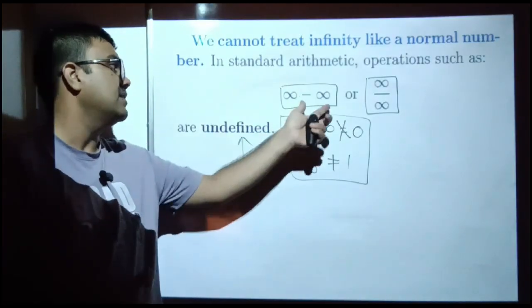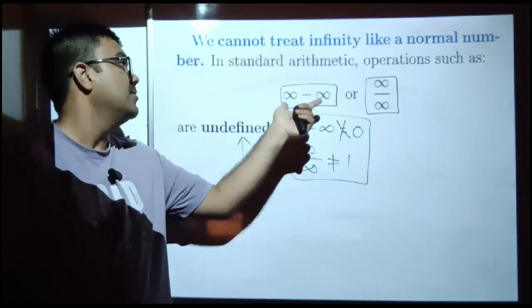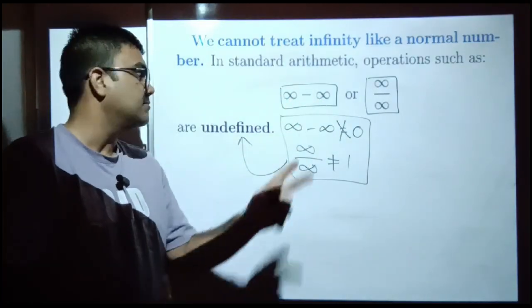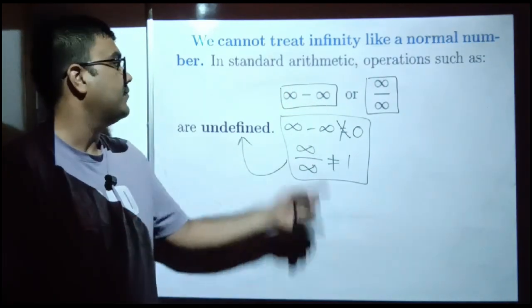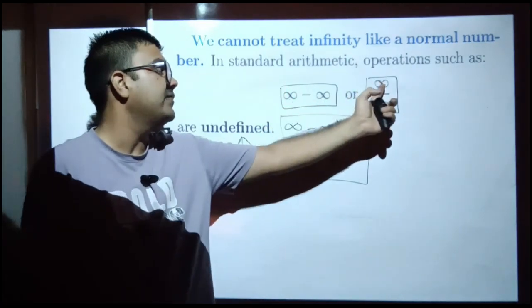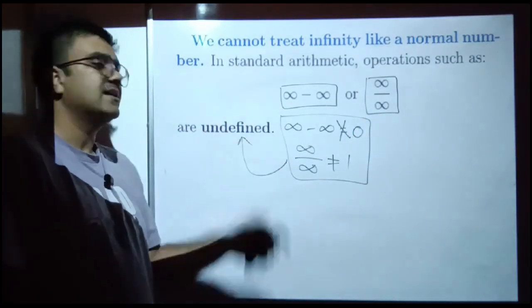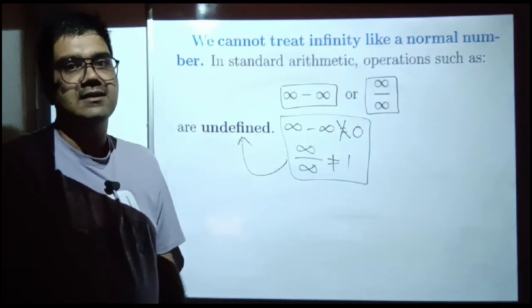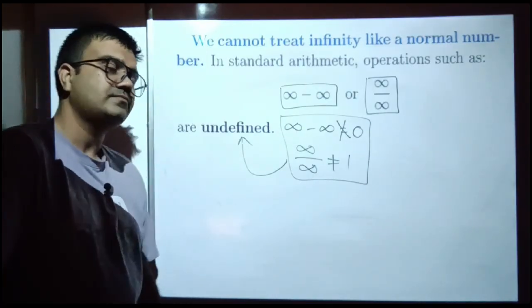When we are talking about real numbers, addition and division are well defined. But infinity is not a real number, so there is no definition of terms like infinity minus infinity or infinity over infinity. Wherever you get terms like this, you will say these are undefined terms.